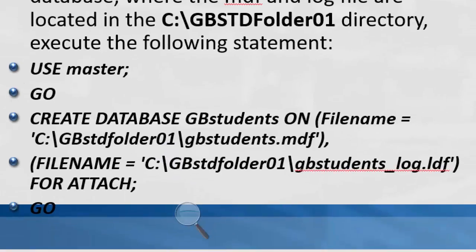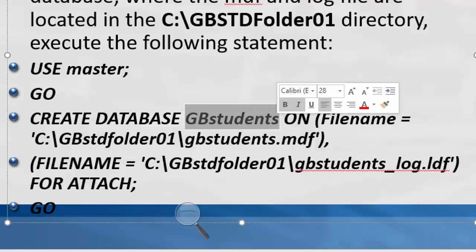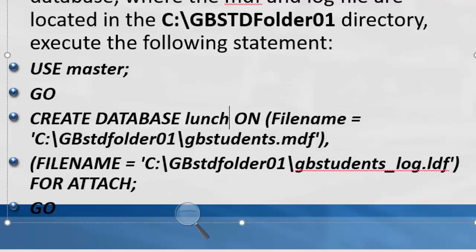So we just need to give the path. Let me change that quickly, and it should work. So lunch, I think everyone used this database. If not, just keep your database file name, and the path is this.